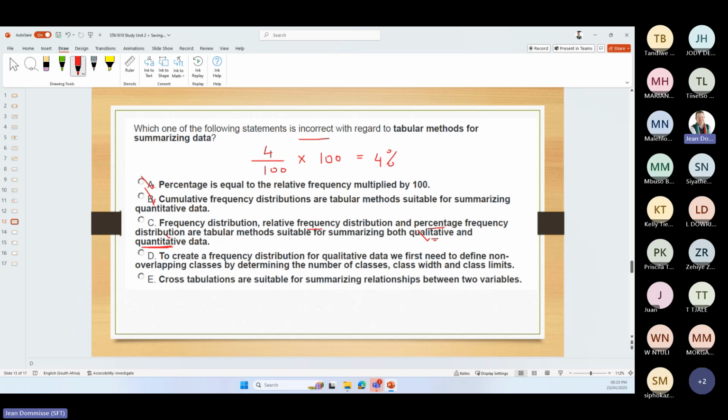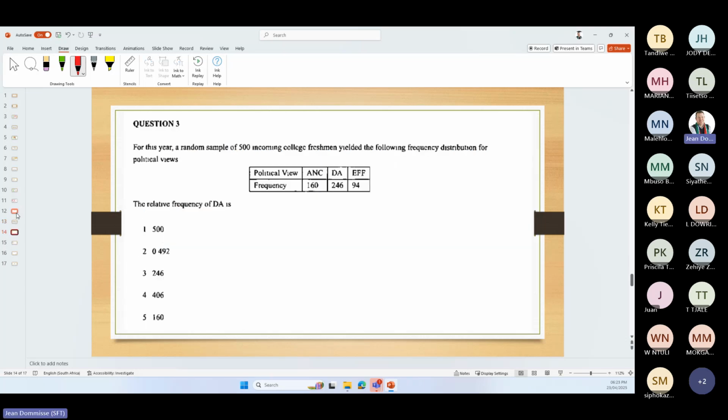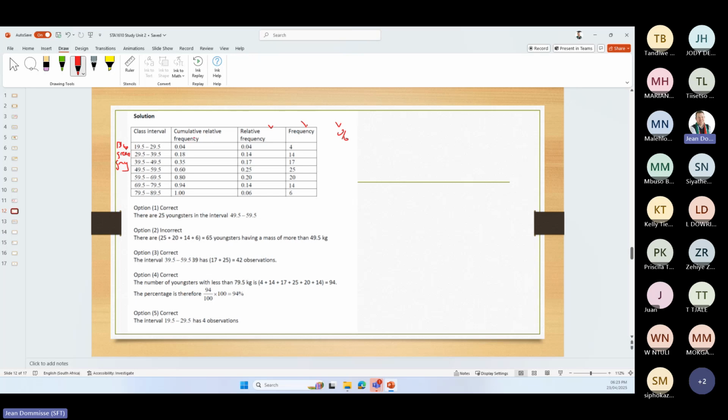Okay, the one thing you cannot do then with qualitative data is where we have cumulative frequency, because it does not make sense to have a cumulative frequency of blue and green cars.